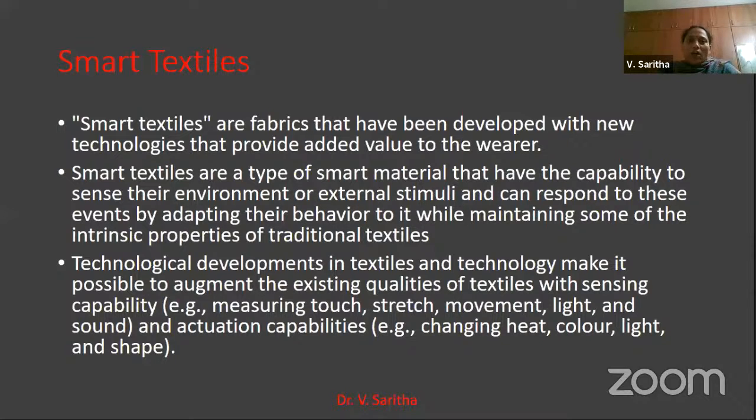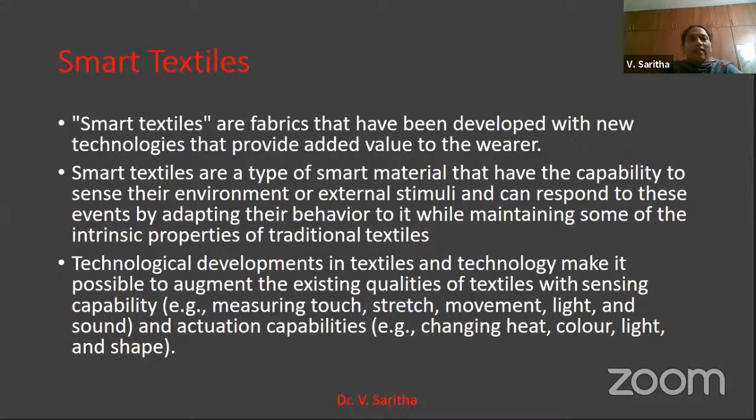So what actually is smart, and why do we say that it is a smart textile or smartphone? Because they can do some processing, they can sense something, and they behave smartly.